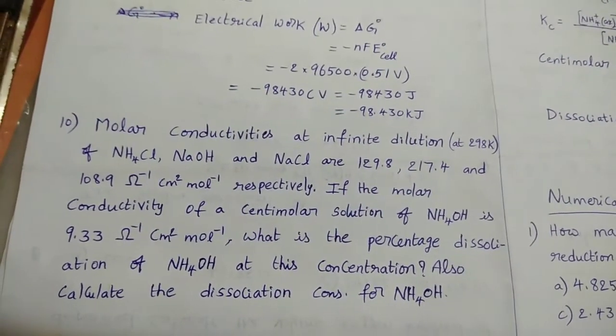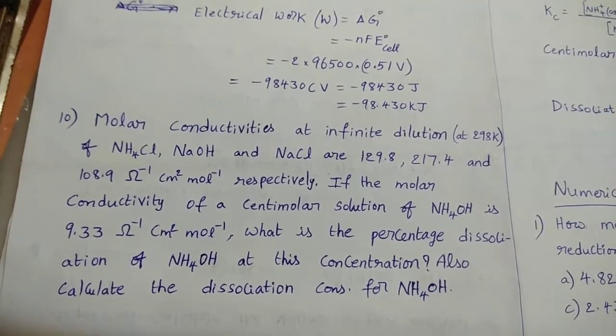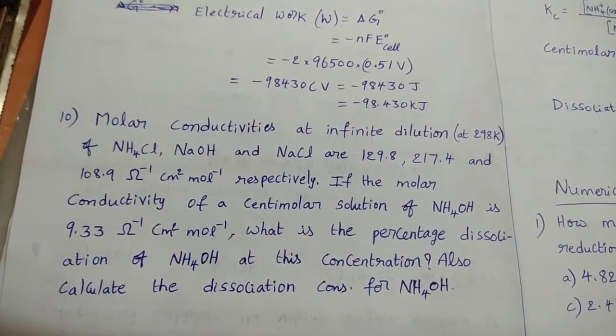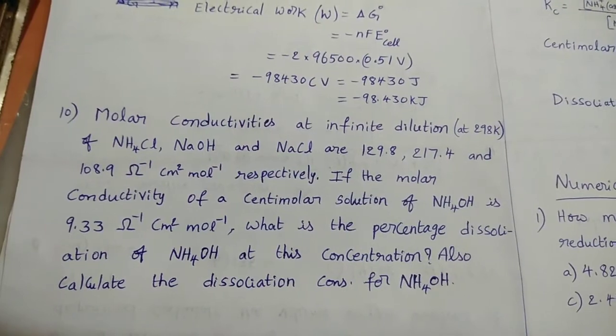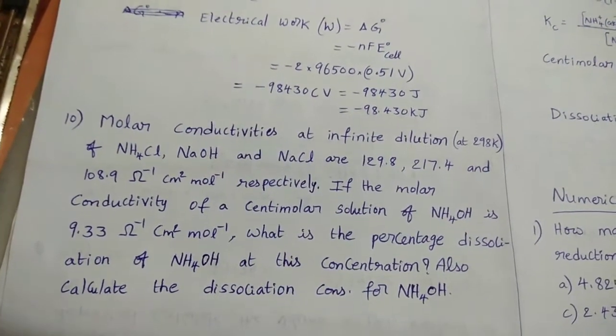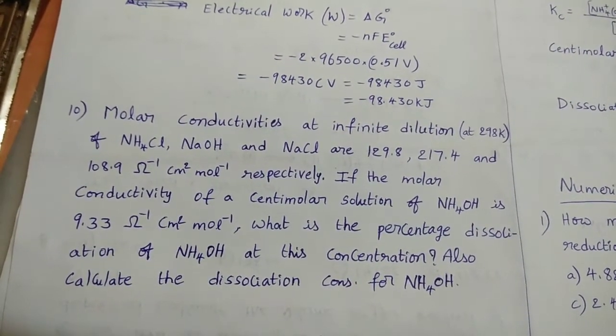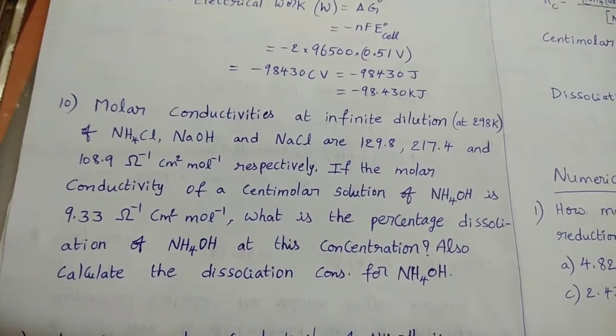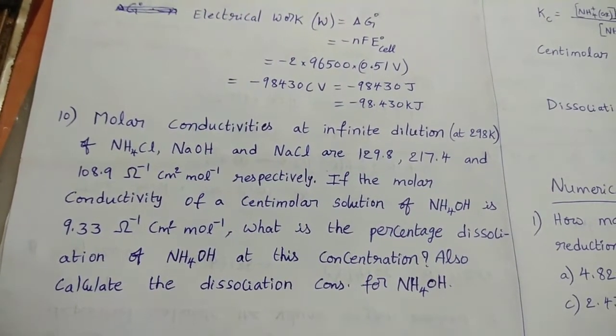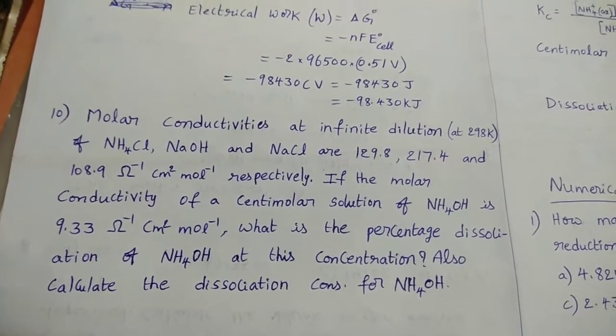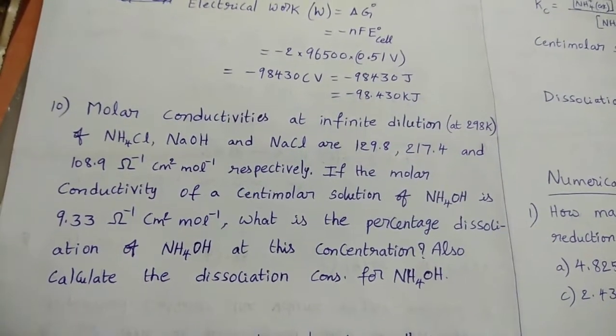If the molar conductivity of a centimolar solution of NH4OH is 9.33 ohm inverse centimeter square mole inverse, then what is the percentage dissociation of NH4OH at this concentration? Also calculate the dissociation constant for NH4OH.